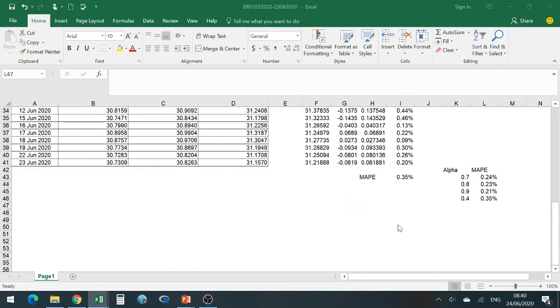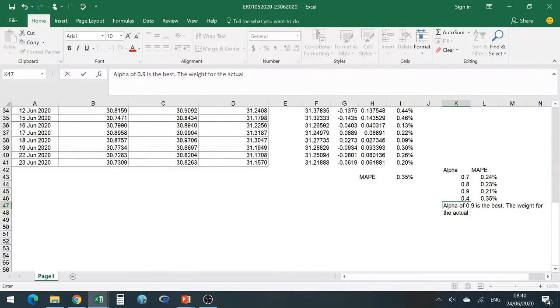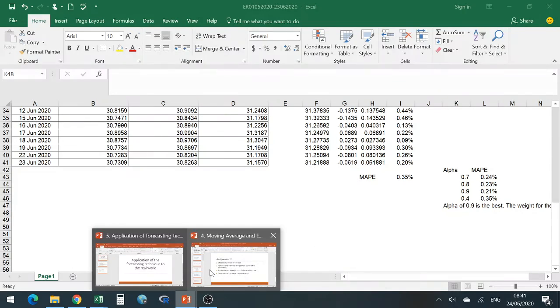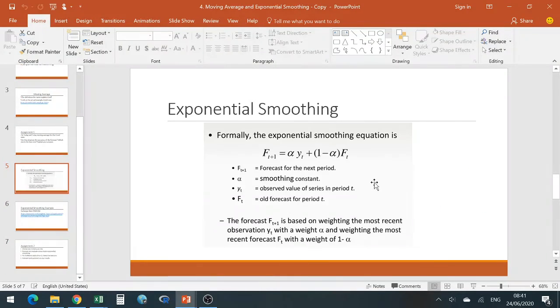For this one, I can say that an alpha of 0.9 is the best, so the weight for the actual number is more important, because remember, exponential smoothing is all about the weights between the actual number and the forecast number.